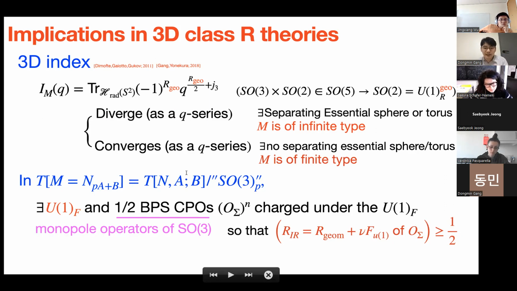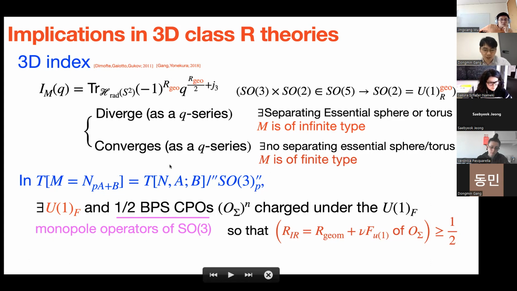This U(1) is not visible in the geometry. But we also expect that this half-BPS chiral primary operator should be charged under this U(1) flavor symmetry. Otherwise, it cannot have this charge.